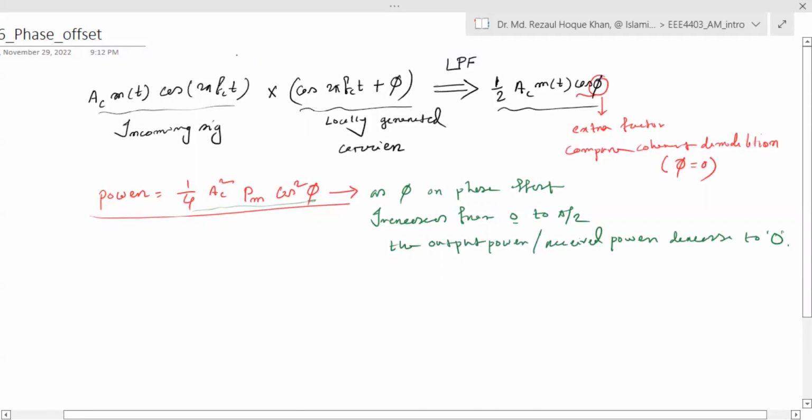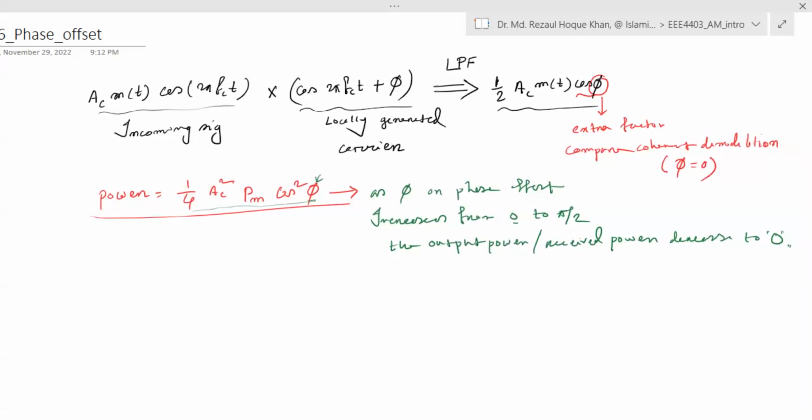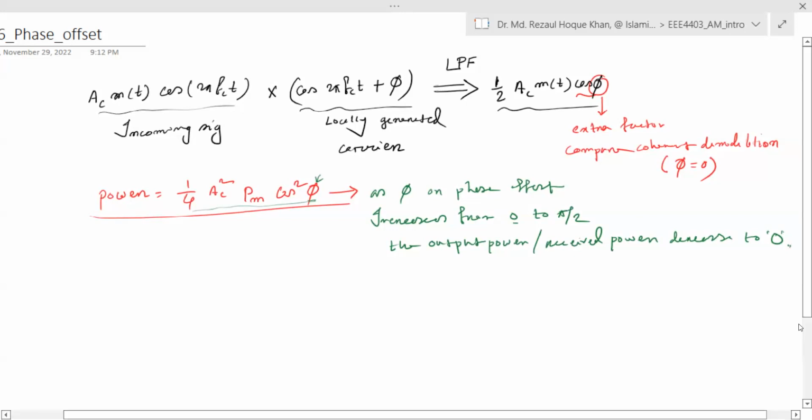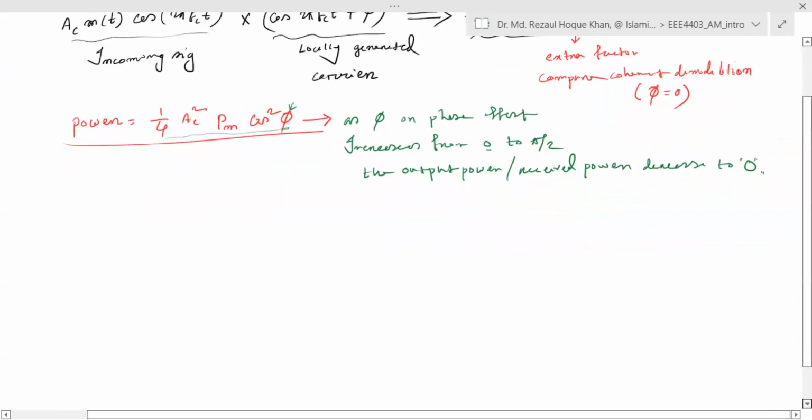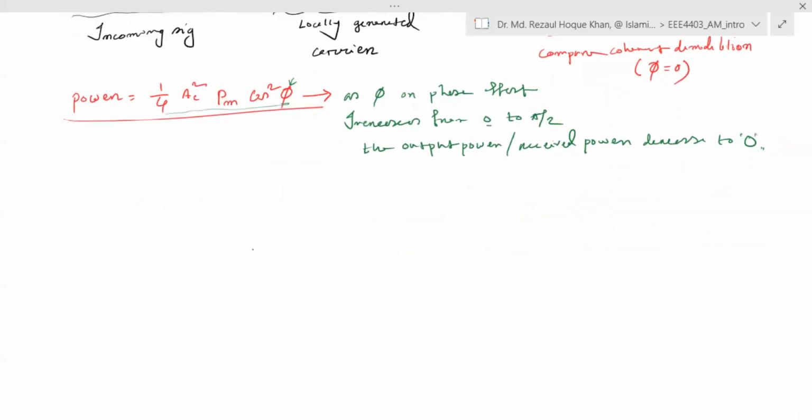So it's a very serious issue. If this phi keeps increasing up to pi by 2, then the receive power tends to 0. So this is a serious issue in a communication system. Let us see a scenario in communication, why this happens and how to counter it.